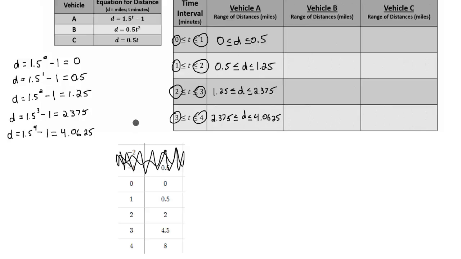And then remember that my first column, which was my x's in Desmos, now it's going to be t for time in minutes, and the column that was y is d for miles. And we want to put the different ranges of miles here. So from 0 to 1 minute, we go from 0 to 0.5 miles.